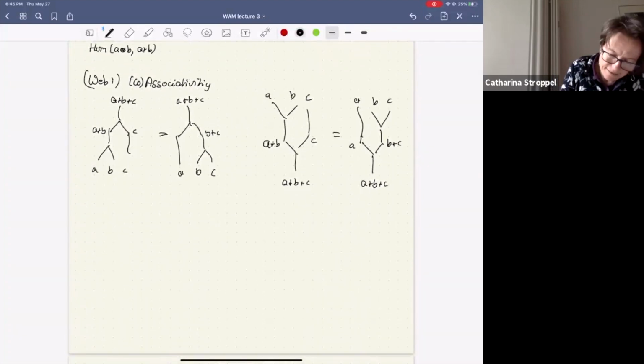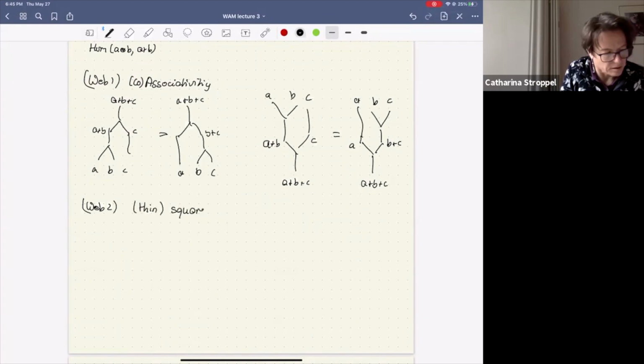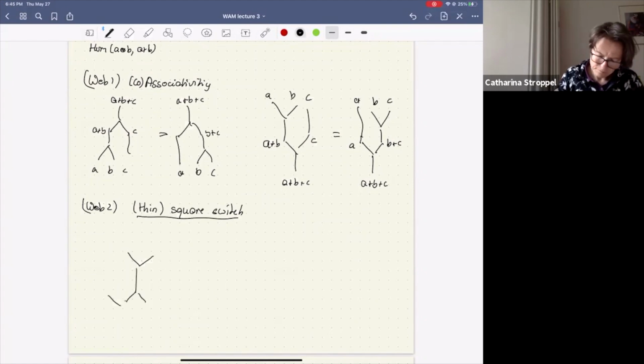So the second relation I want to take is what I call the sl2 square relation, or sl2 square switch. So how does it look like? It looks as follows. So I have the following picture.